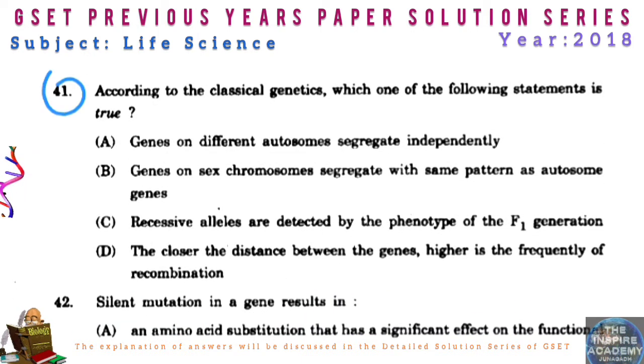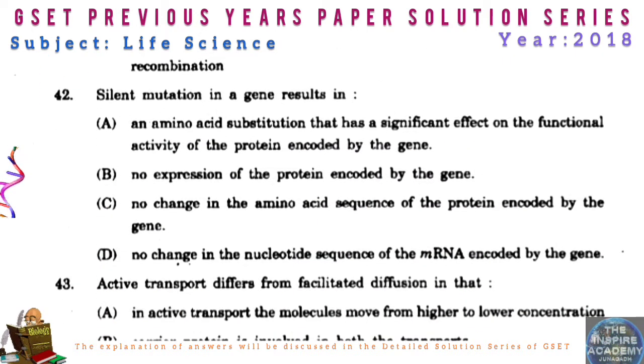Question number 41. According to the classical genetics, which one of the following statements is true? Option A. Genes on different autosomes segregate independently. Question number 42.